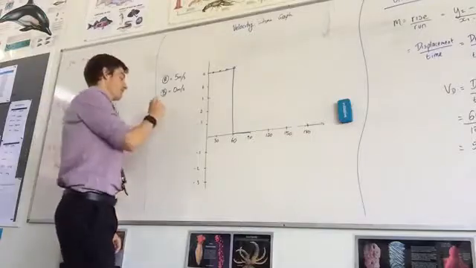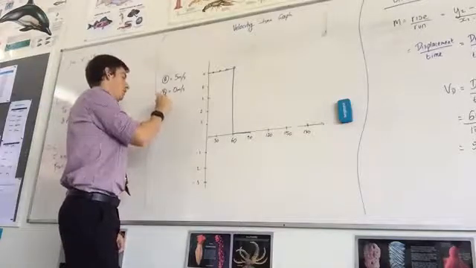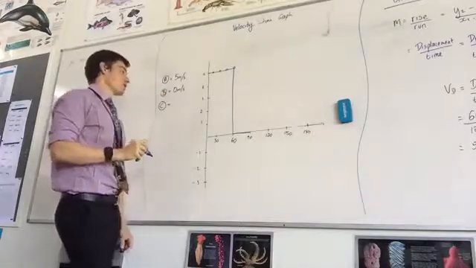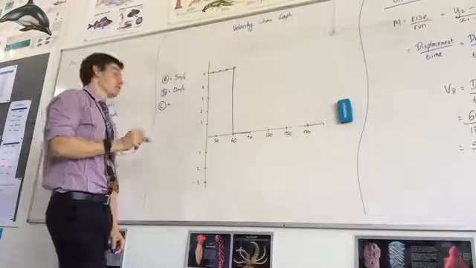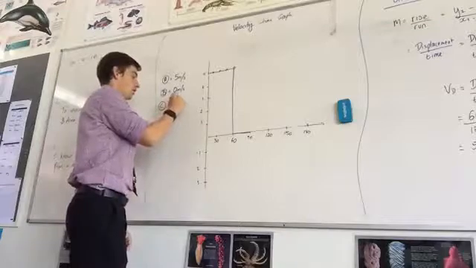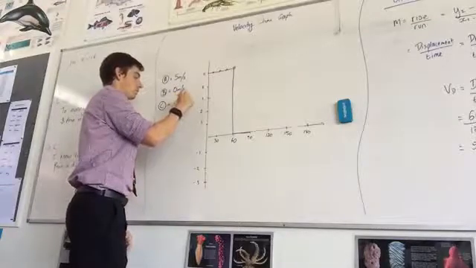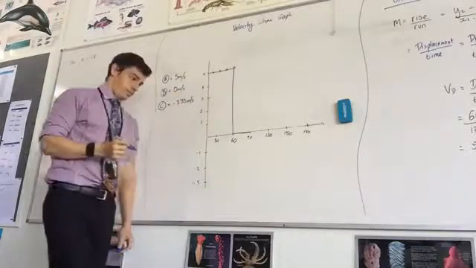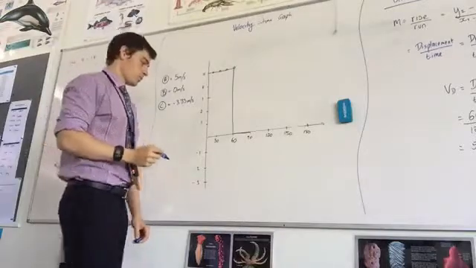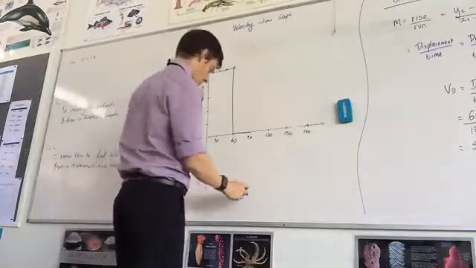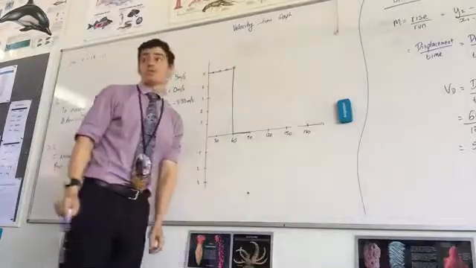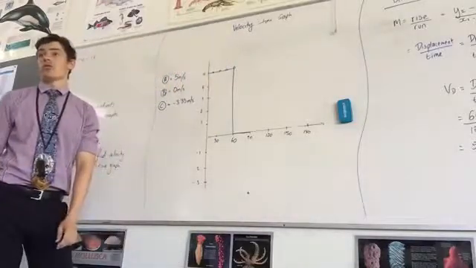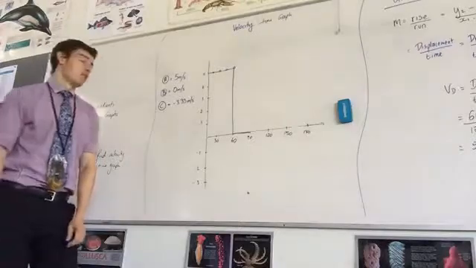Section C. Finbar the Fantastic's velocity in section C was? Negative 3.33 meters per second. Did that change throughout the whole of section C?